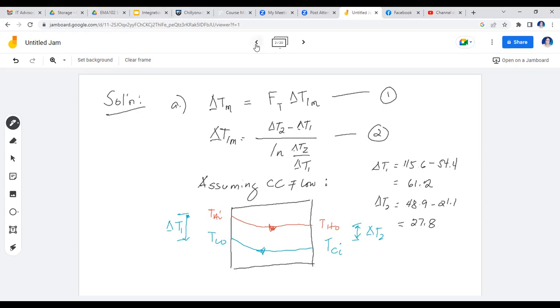Please check the values that I have written here. Then after that, you substitute to equation 2. From 2, you can have the delta T log mean. Help me out, Jules. Can you please determine the delta T log mean?